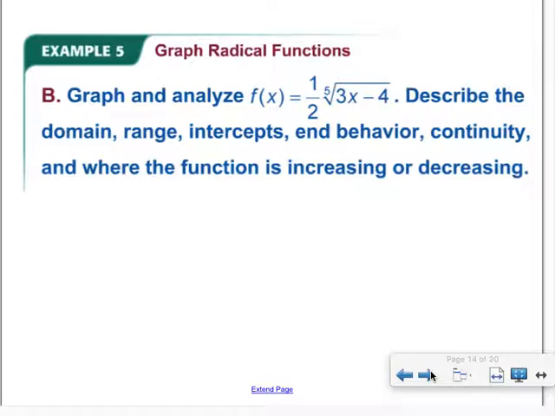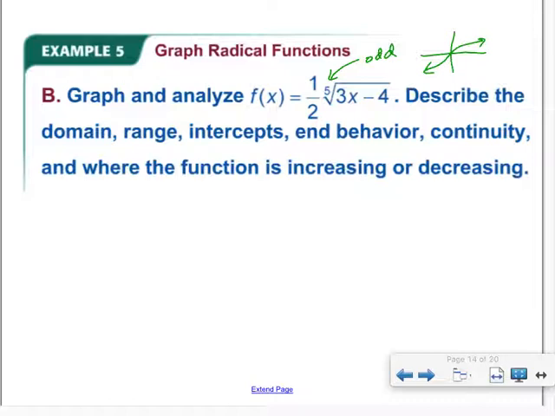So for example, 5b, we can clearly see that this is an odd radical. Our odd radicals look like our cube root. So they not only have that swoosh in the first quadrant, but they also have a swoosh in the third quadrant. Now let's look for a minute at what we know. The 1/2 is just going to change the height a little bit.